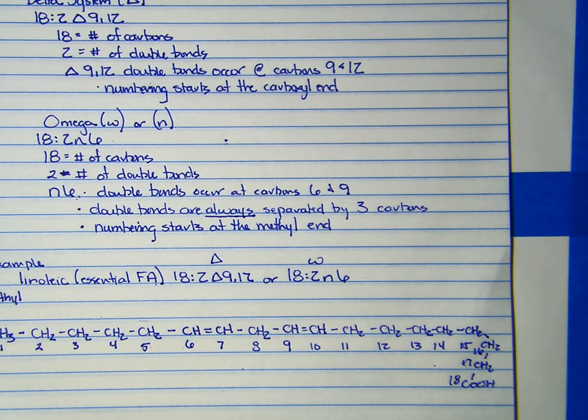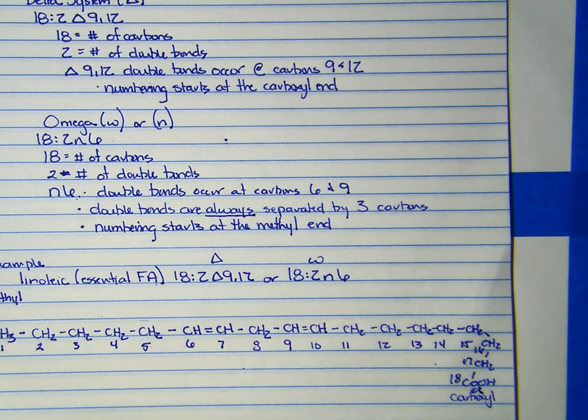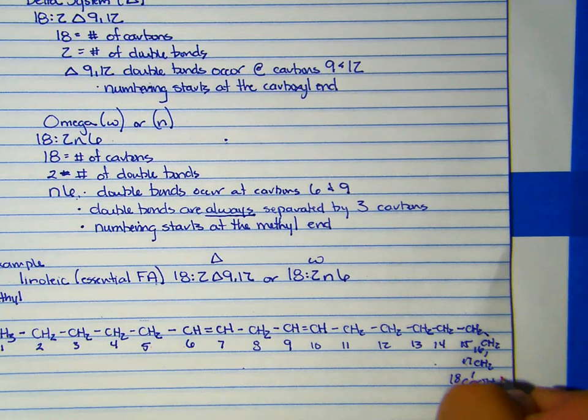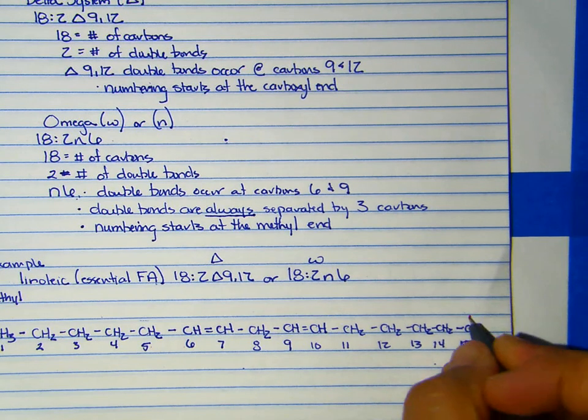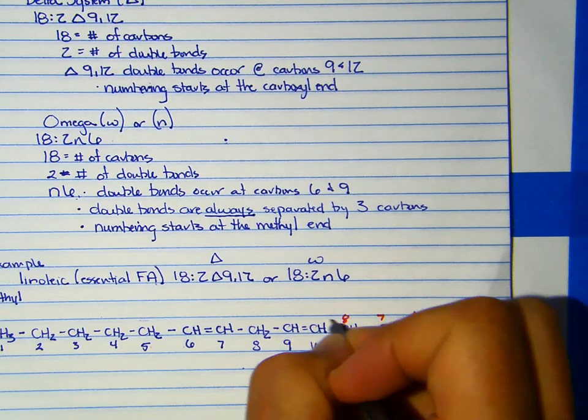Okay, and so this is the carboxyl end, or the alpha carbon. If we're numbering according to the delta system, this is carbon 1, 2, 3, 4, 5, 6, 7, 8, 9.